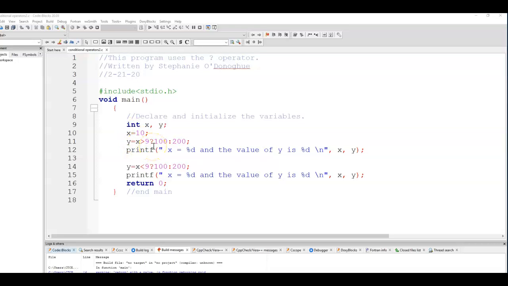We're going to evaluate the first expression, x greater than 9, and see what our answer is. We're going to print the answer here. And the second thing we're going to do is evaluate our expression, x less than 9, and print what the value of y is. So let's run it.